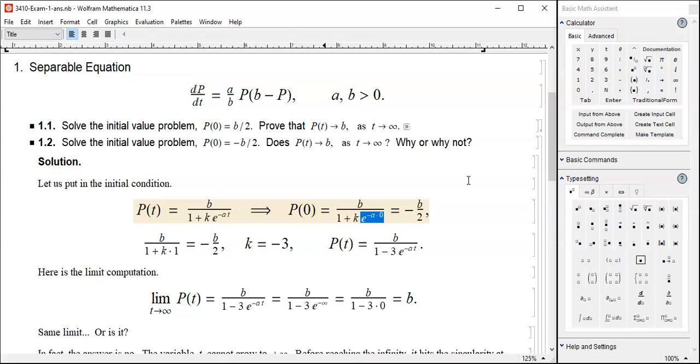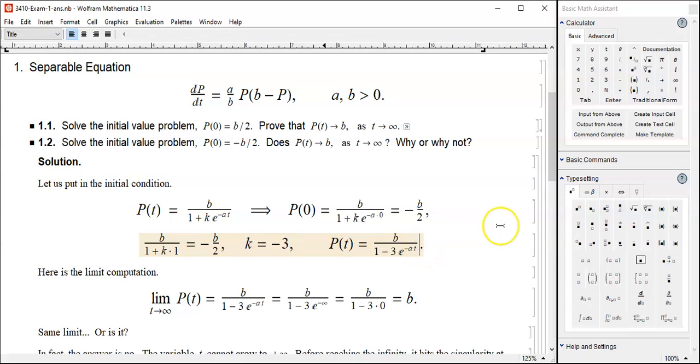We have e to the 0 power. What is e to the 0 power? That's 1. So basically we are getting this equation here. That part drops out and we get B over 1 plus k is equal to negative B over 2. B's cancel out and we solve as k equals negative 3.